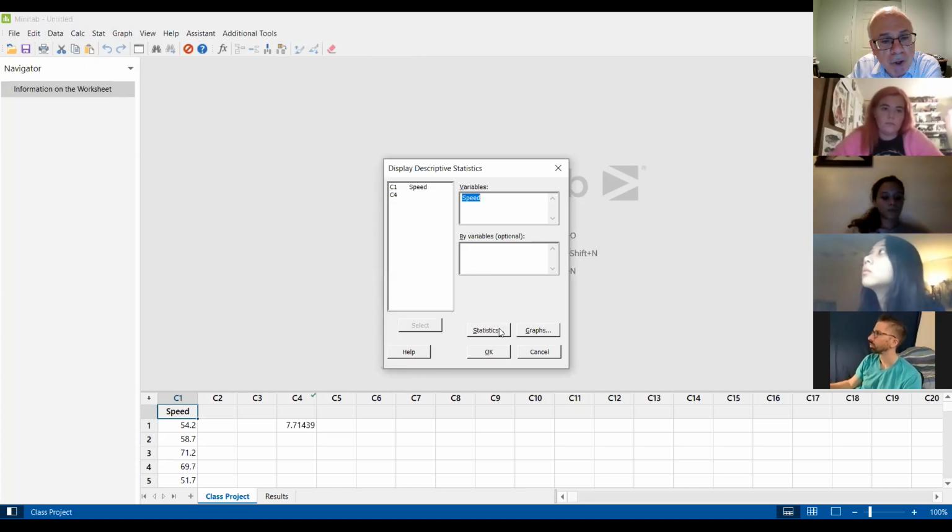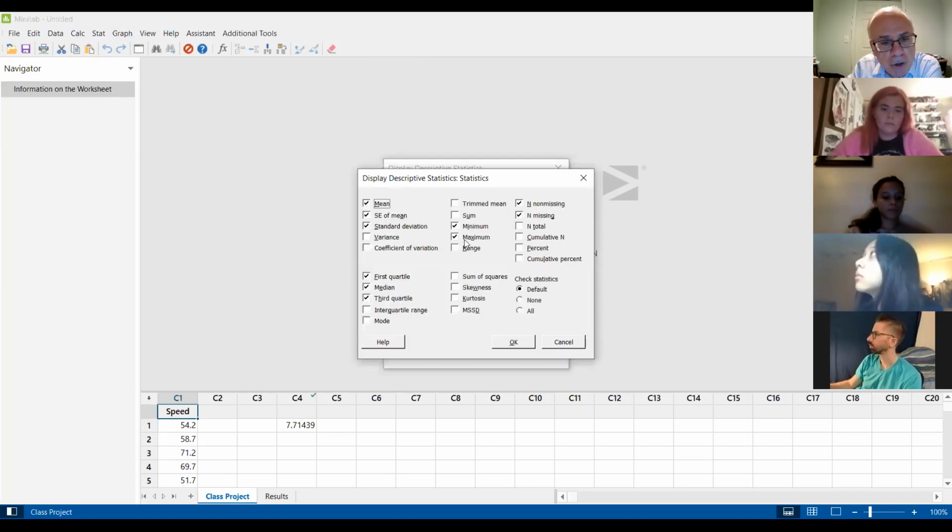Under the Statistics button here, you could click that, and there's other things you could list besides what's checked here. What's typically checked is the mean, the standard error, which we'll learn about later, the standard deviation, the minimum and maximum. We want that for our calculation, so it's there.